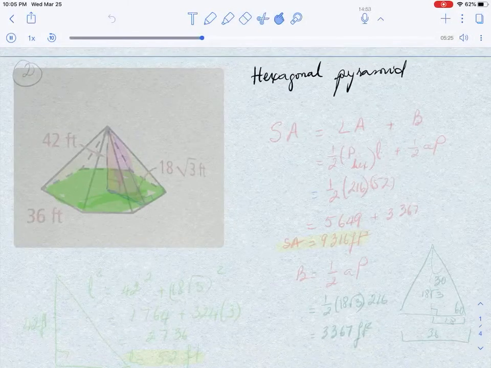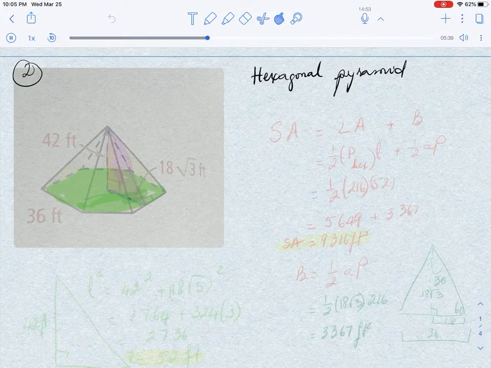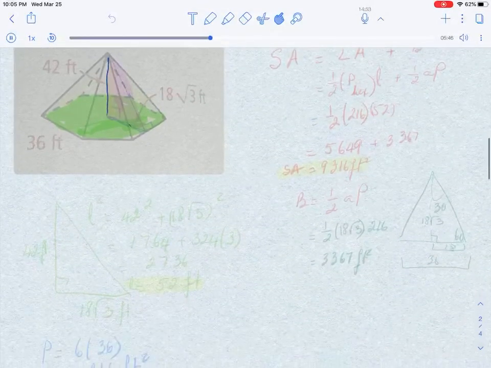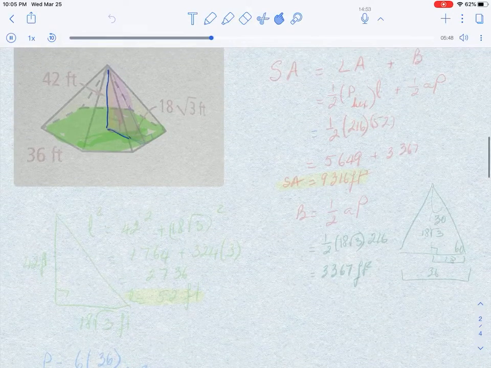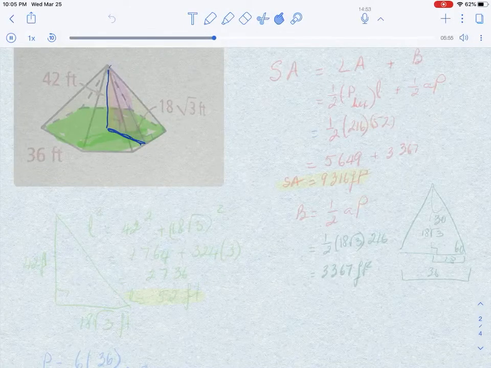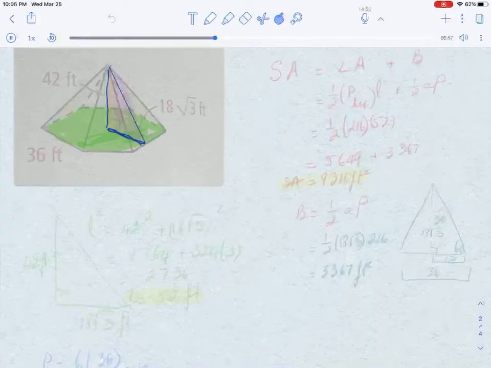This is number 2, and this is one of those base and height. I have the height, I have the base. What I need is the slant height.